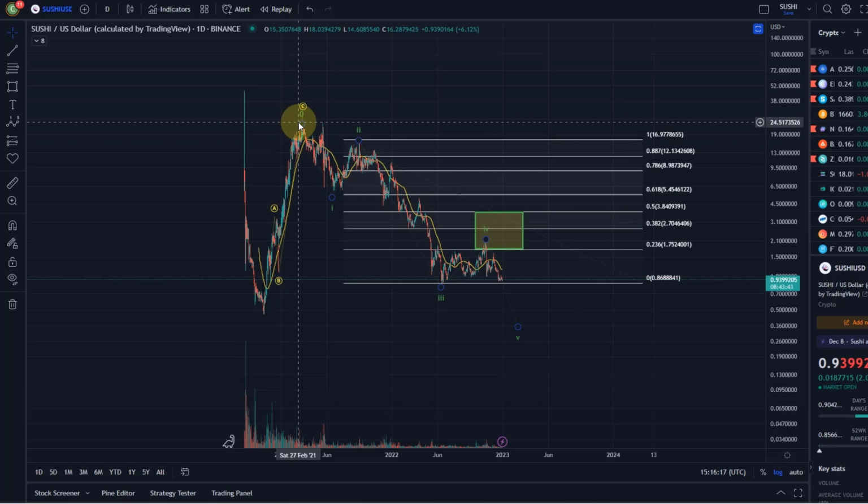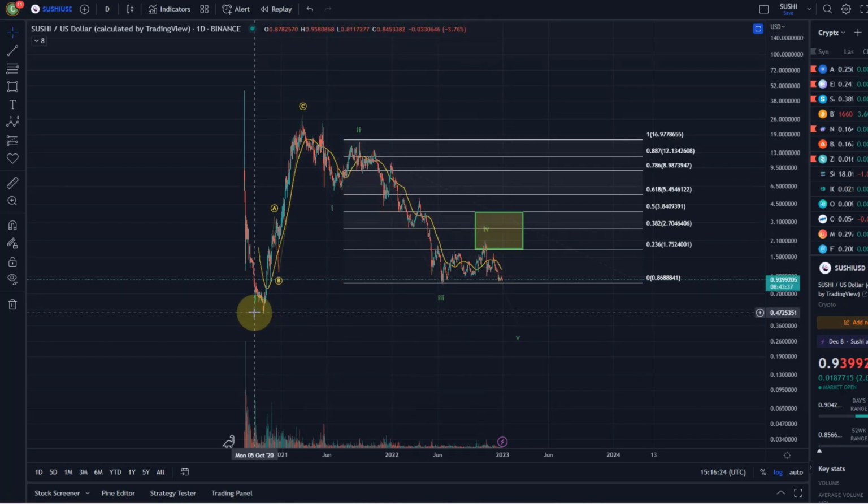I tend to avoid these because it means that there is a greater chance that it will fail or break down below this swing low from the beginning, at basically below 45 cents. It increases the risk. And it also increases the risk that these coins which put in 3 waves to the upside in the last bull run will not recover.